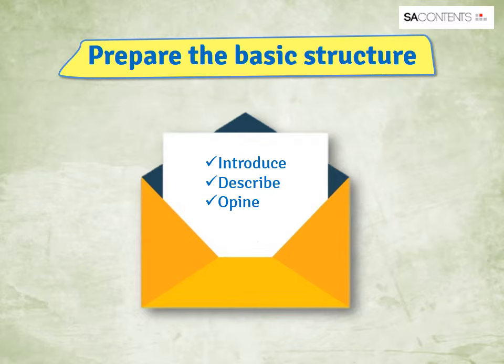You have to give your own opinion, what you think about what is happening in the picture given to you. And then you have to conclude it. If you are writing a story, you are going to write the conclusion of the story. If you are just describing the picture, you have to just say in a sentence or two what the end result of the scene is.